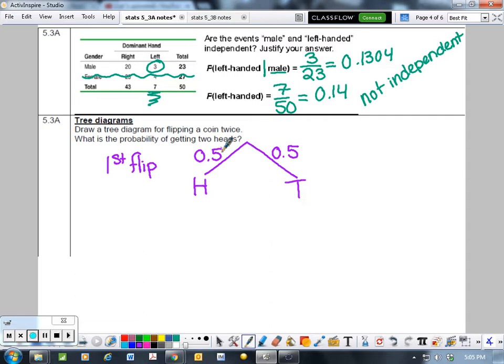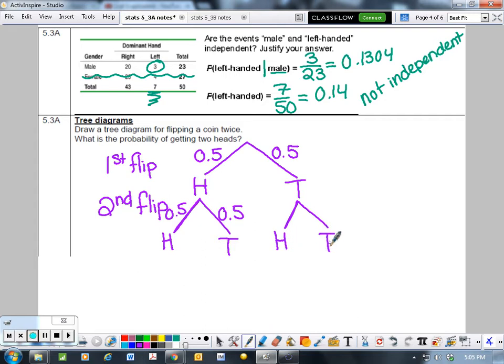Now, for my second flip, if I threw a heads first, I now have the probability of heads or tails. And each one of these has a probability of 1/2. If I threw a tails first, I have the possibility of getting heads or tails. And each one of these has a probability of 1/2.